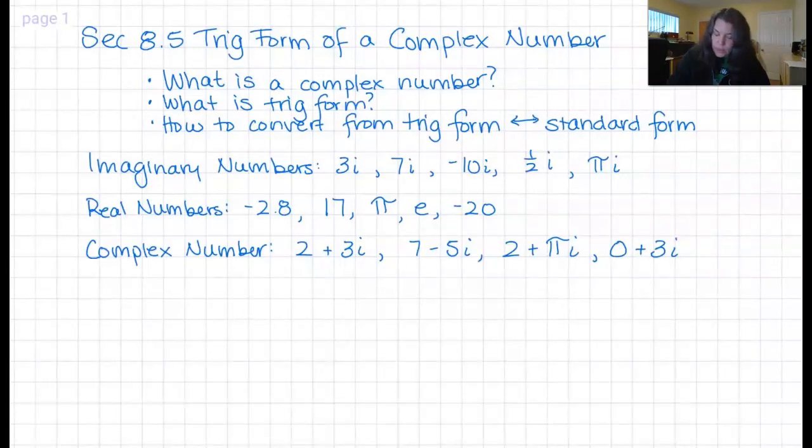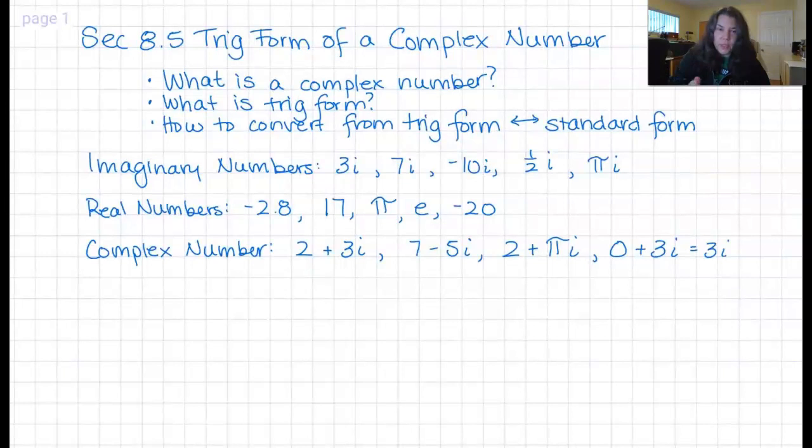So this is the same thing as 3i. But wait a minute, 3i is imaginary, but it's equivalent to 0 plus 3i, which is complex. So is 3i imaginary or complex? The answer is yes. It's both.